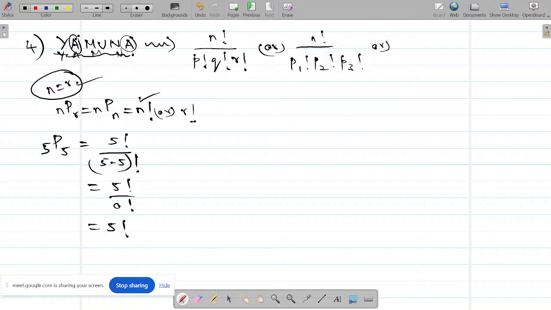In your textbook, it will be given as n factorial divided by n1 factorial, n2 factorial, n3 factorial. See, the way of representation is different. Instead of p, q and r, you can take p1, p2, p3, or n1, n2 and n3, and so on. So till here we completed. Shall I go for the next concept? Hope no doubt till here.